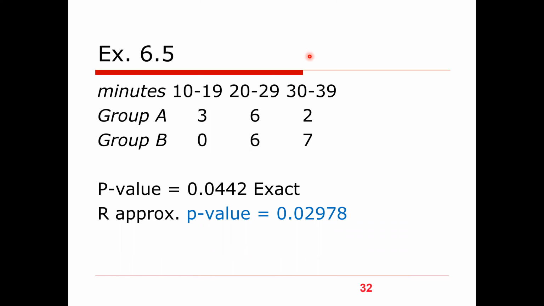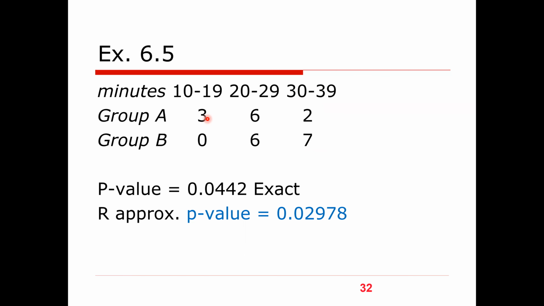For group A, there are 3 observations in the range of 10 to 19, and then 6 in the range of 20 to 29, then 2 in the range of 30 to 39, and group B, and so on. So it is like only having the histogram of a data set, right? So we only know the number falling into each range.